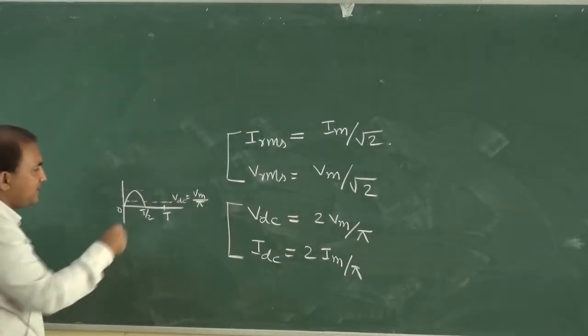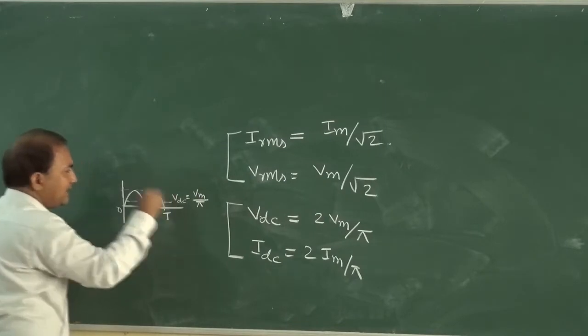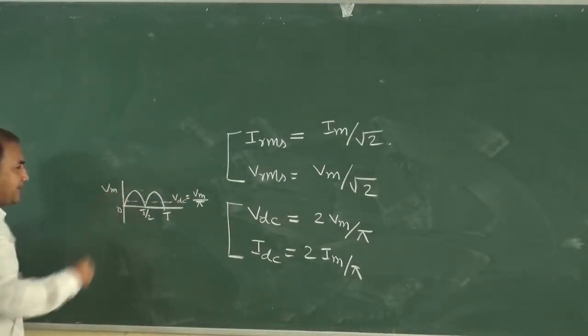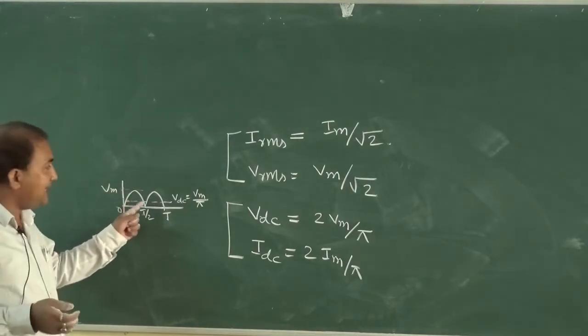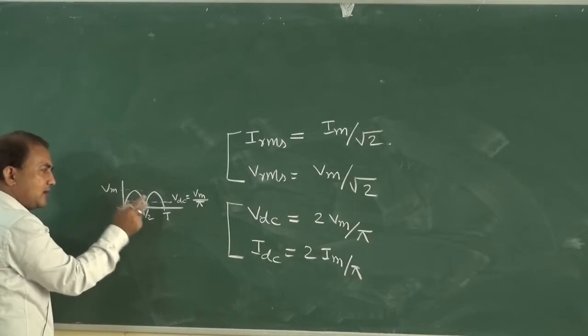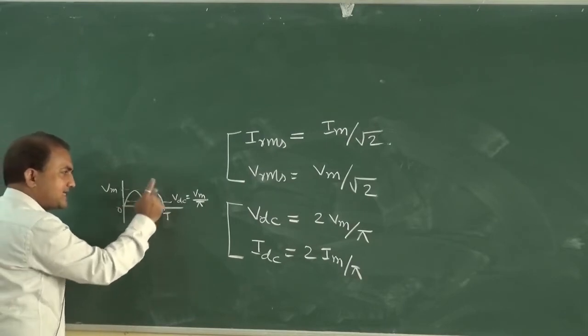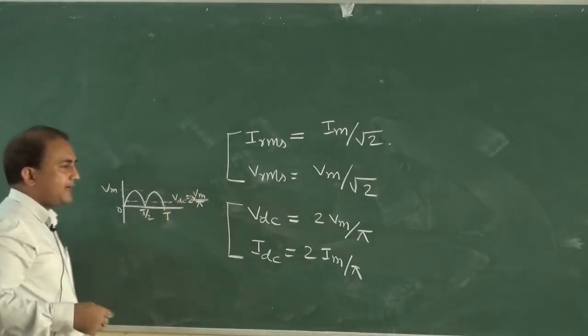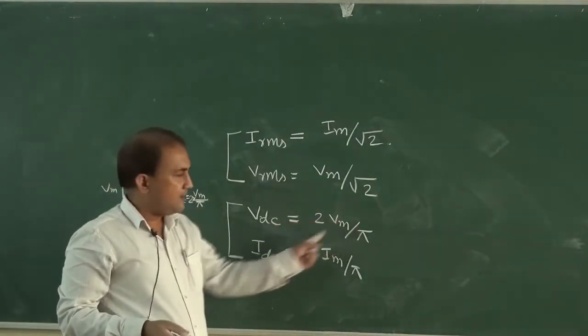Now in the case of a full wave rectifier circuit, we are getting the output like this. This is Vm. From 0 to T by 2 and from T by 2 to T we have the same signal, so it will be 2 times Vm by pi, that is 2 Vm by pi.